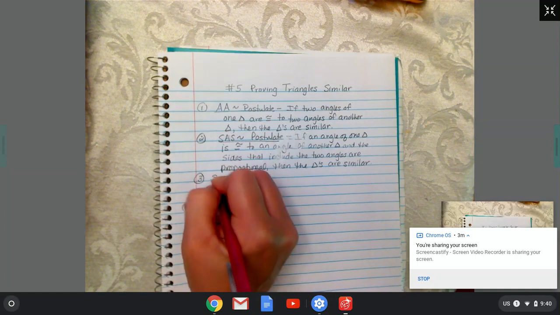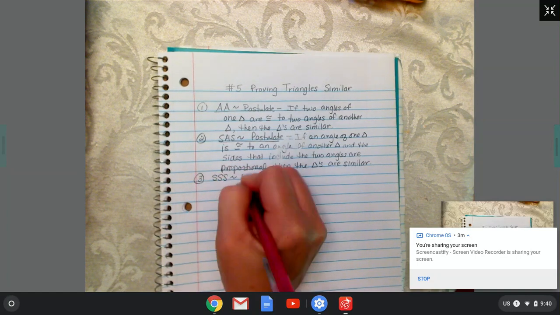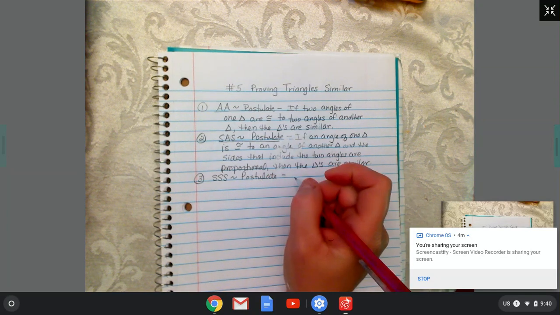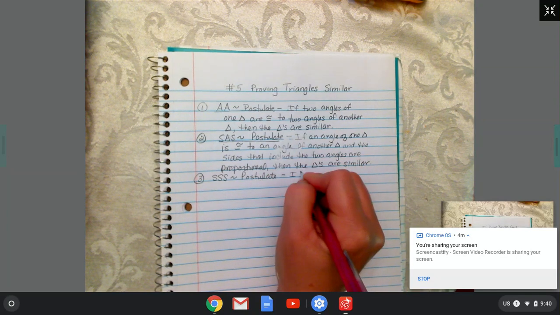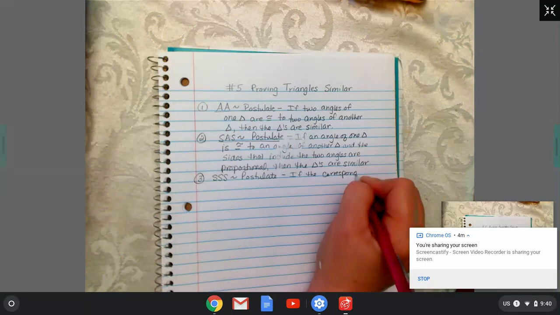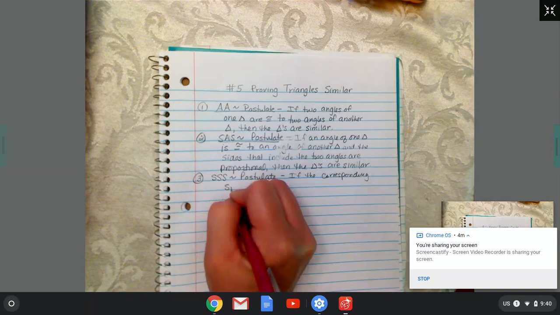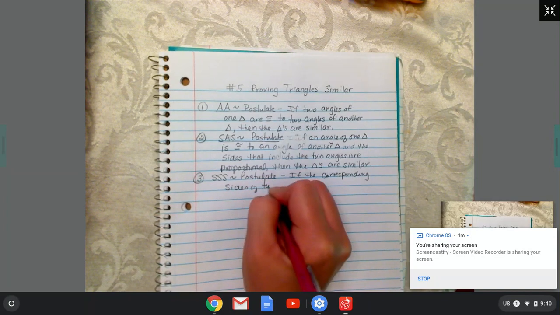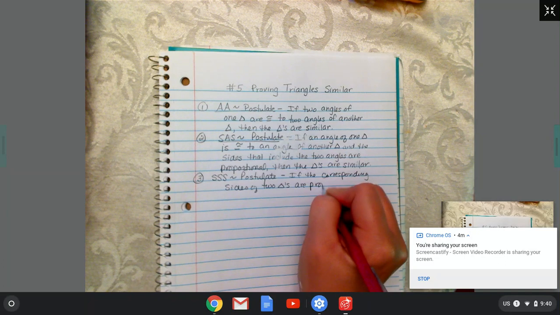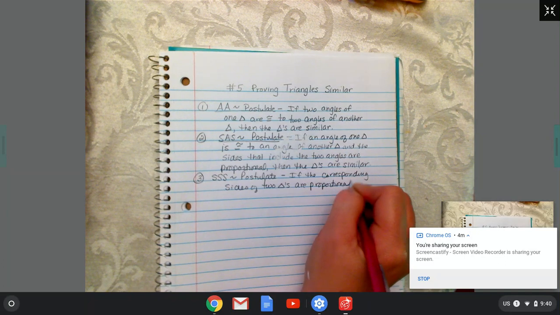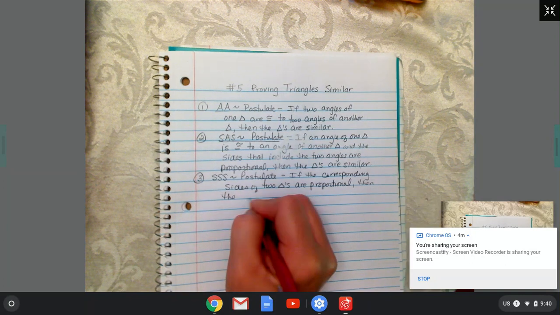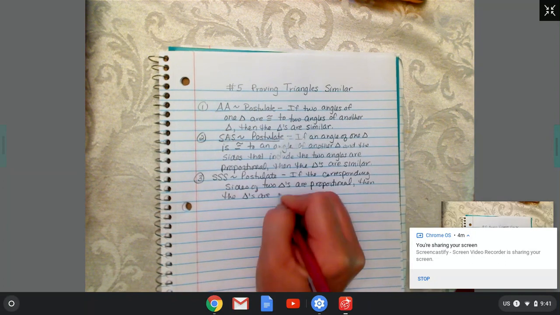The third one is side, side, side similarity postulate. It just says if the corresponding sides of two triangles are proportional, then the triangles are similar.